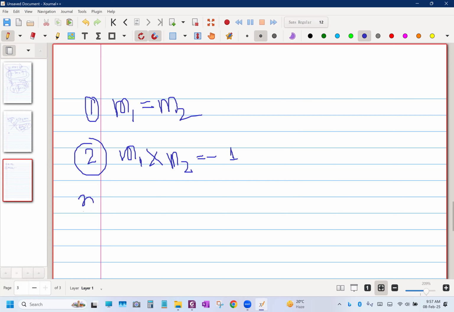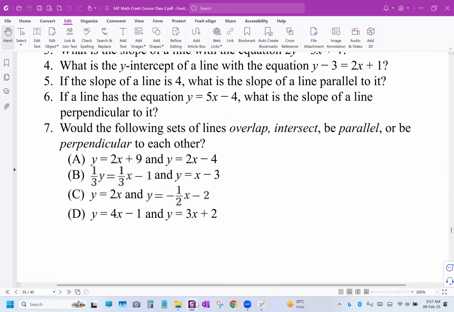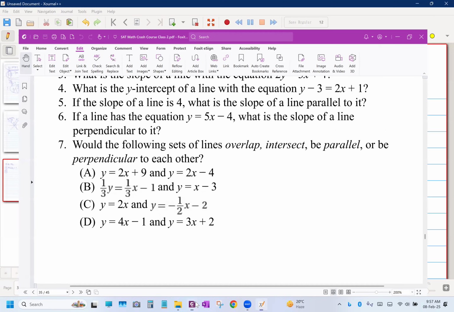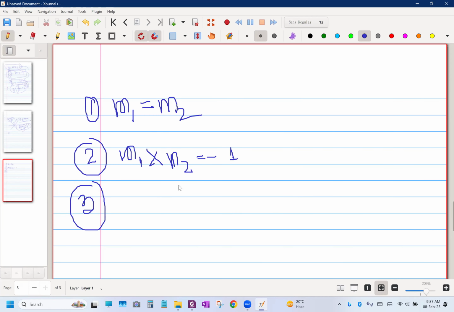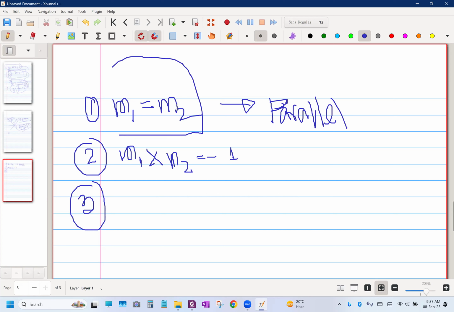Two straight lines become parallel when m1 and m2 are equal. When the product of m1 and m2 equals negative one, the lines become perpendicular. Do you get it or not? Yeah.